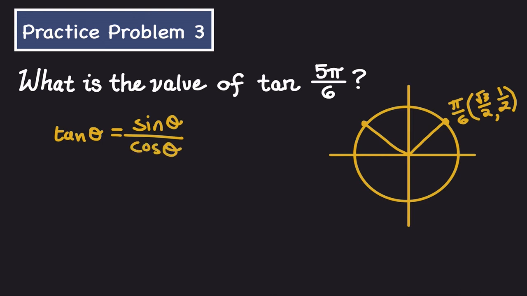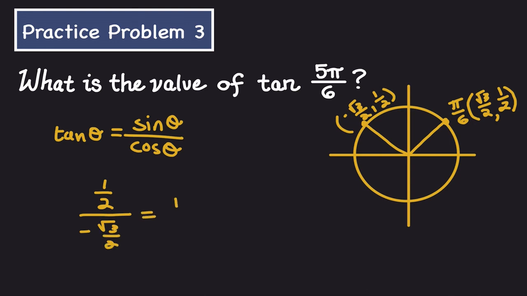And in this case, sine is 1/2. And cosine is going to be negative root 3 over 2, because we are in the second quadrant for this particular problem.